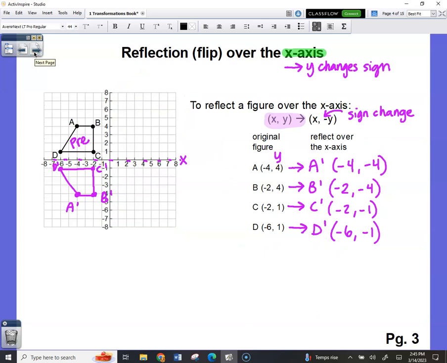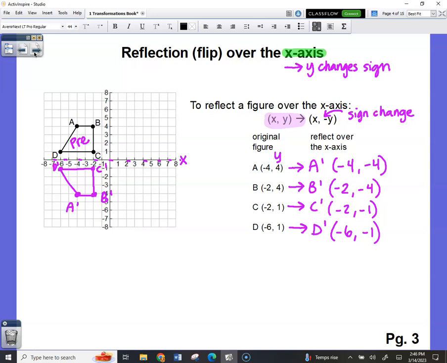We covered reflecting over the x-axis, which means you end up changing the sign of y. So there's 2 ways to get it. You can write the coordinates, change the sign of y to get the new coordinates and graph it, or you could just come to the picture and count, right? Can you see? All right, just make sure. If I can't see your eyes, I know you can't see this.